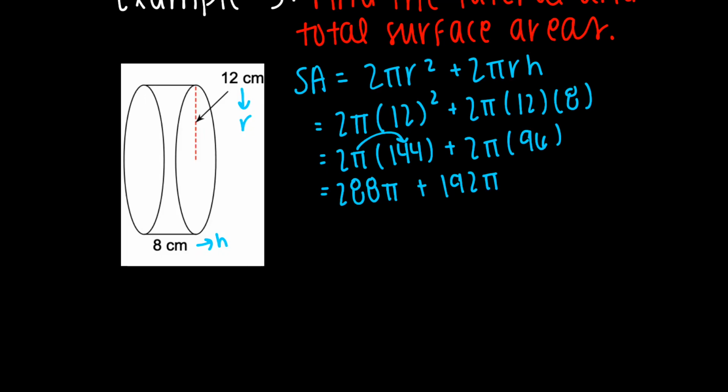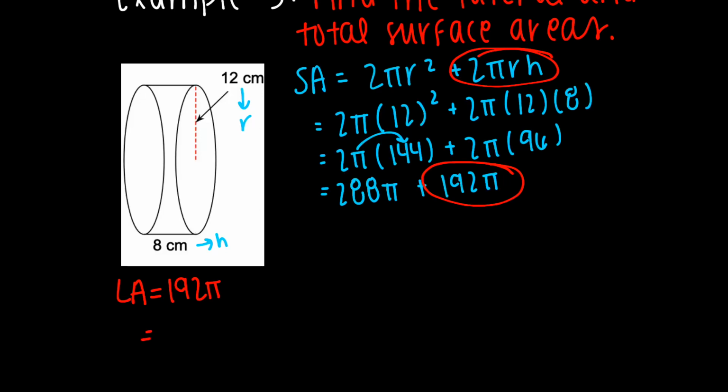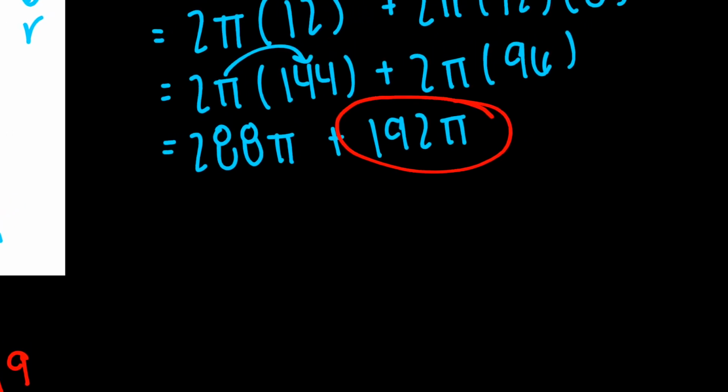Now remember in our formula that 2 pi r h is my lateral surface area. And I have found that simplified. So I know my lateral surface area is 192 pi as an exact answer. And as a decimal answer, 192 pi gives me 603.19. Now I'm going to continue over here at the left.